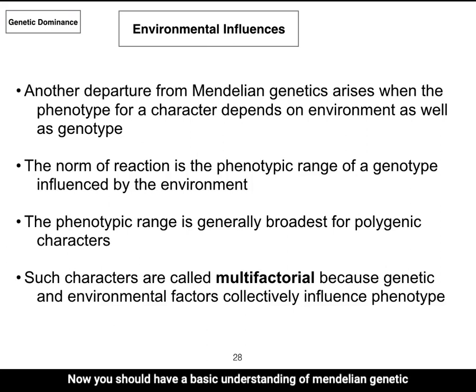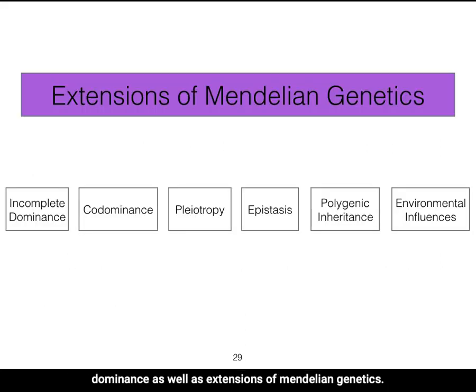Now you should have a basic understanding of Mendelian genetic dominance, as well as extensions of Mendelian genetics. These extensions of Mendelian genetics include incomplete dominance, codominance, pleiotropy, epistasis, polygenic inheritance, as well as environmental influences.